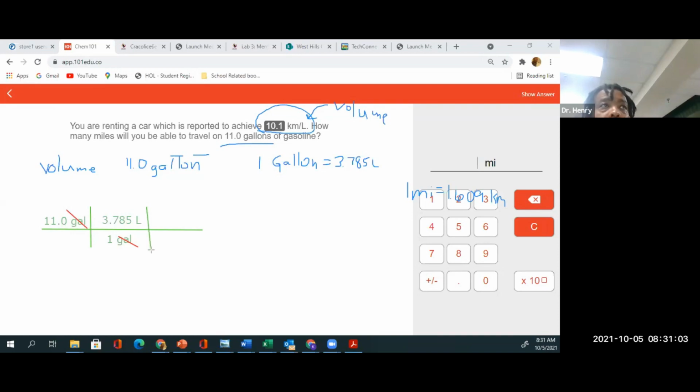Okay, so now I have it in liters. My units are going to be in liters. So then I can use this conversion here, right? To get rid of my liters and to get kilometers. So how would I use that? Who's going to be on top? Who's going to be on bottom?